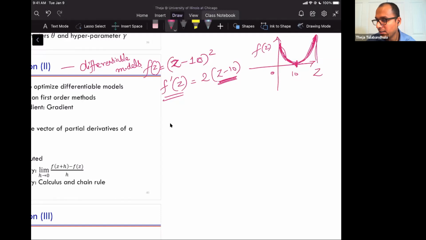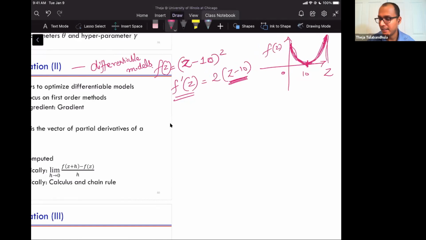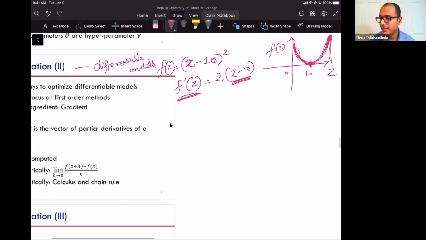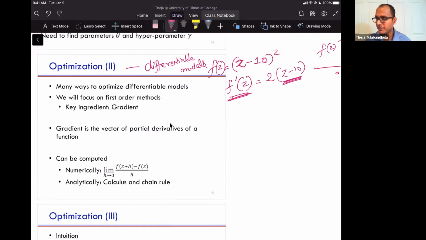When z is exactly equal to 10, the original function doesn't change much because it's exactly at the bottom of the parabola. So a function is differentiable when it has these derivatives. This is called the first derivative. You can have a second derivative by thinking of the rate of change of the first derivative and so on, but let's not worry about all that.